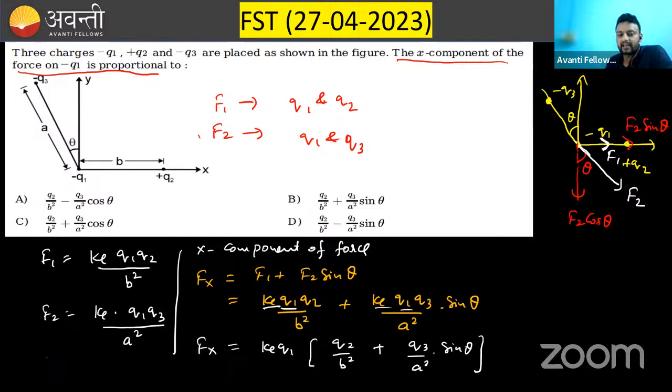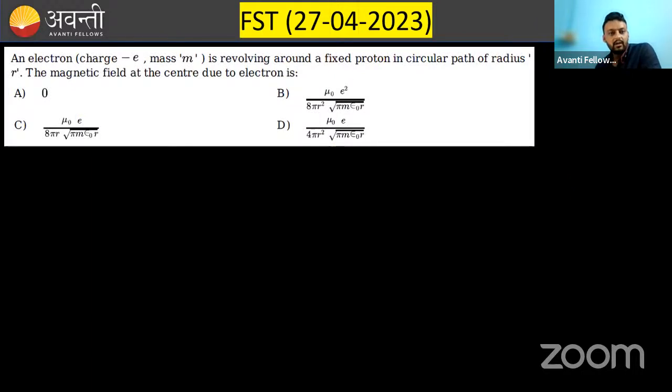So force in the X direction or X component of force is proportional to this term, Q2 by B square plus Q3 by A square sine theta, which is option number B. Is it clear? I hope it is. Moving further, I hope we can take one more question.